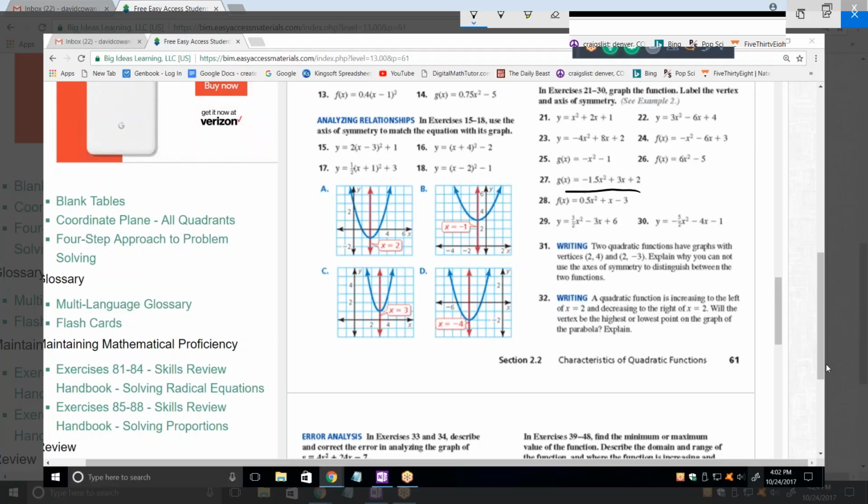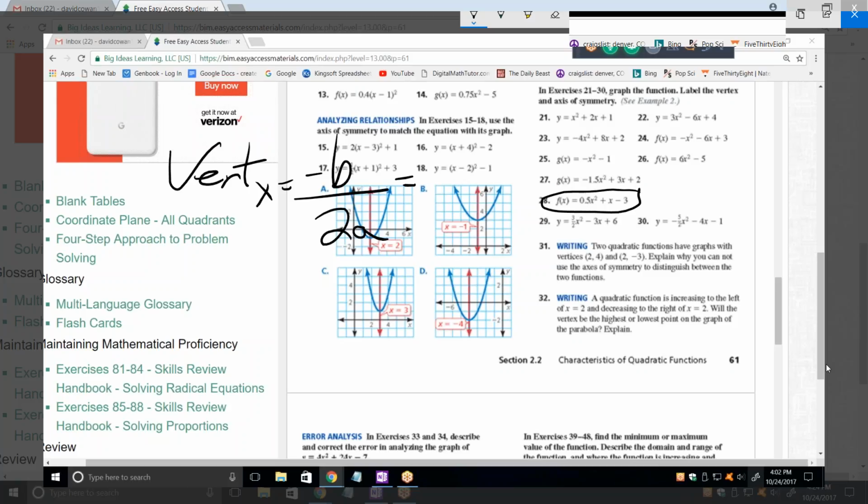Well, that's just a standard parabola, standard quadratic, so let's use the same method. This is a nice formula here because this not only gives you the x coordinate of the vertex, but it gives you the line of symmetry. What is it for 28?